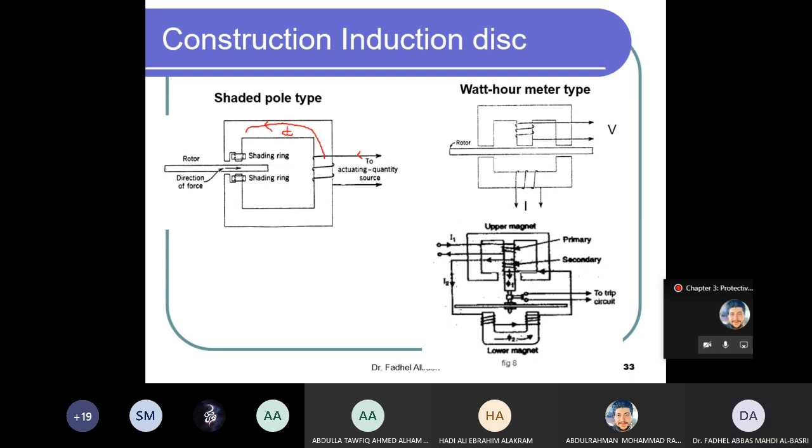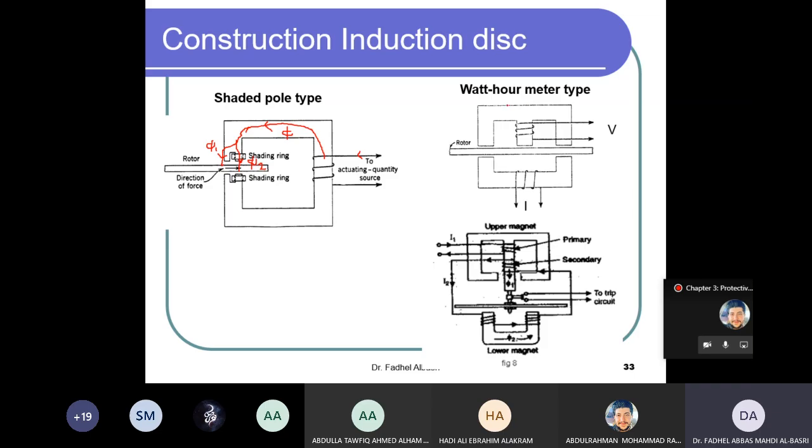But this flux will split into two, one here and one through the shaded ring. So this is phi1, let's say, and this is phi2. Now phi1 is not in phase with phi2, and that will cause a torque, a movement in this induction disk. This is called the shaded pole type.